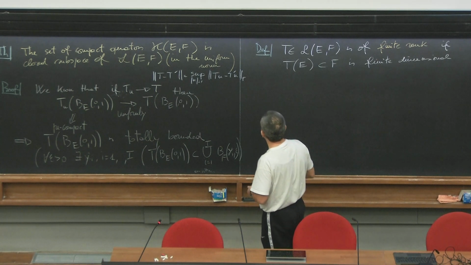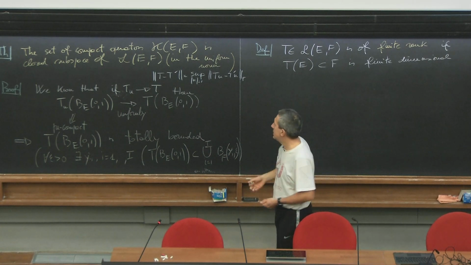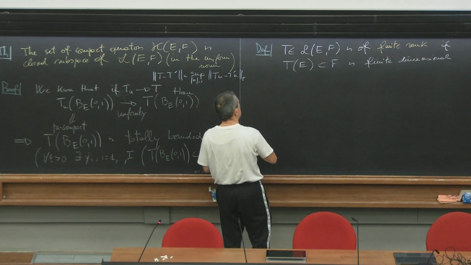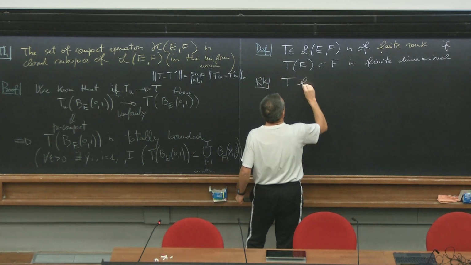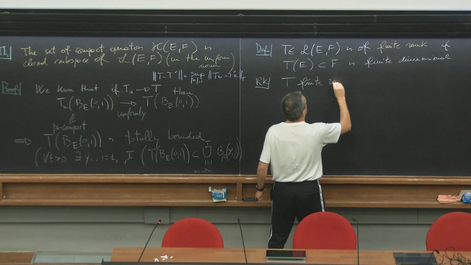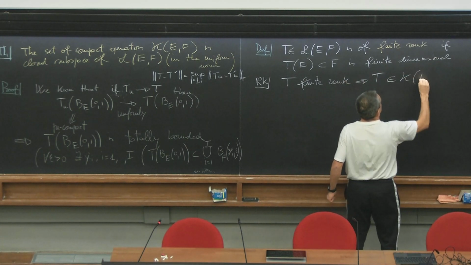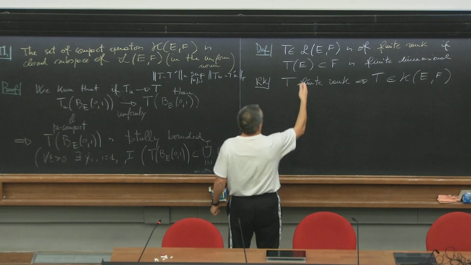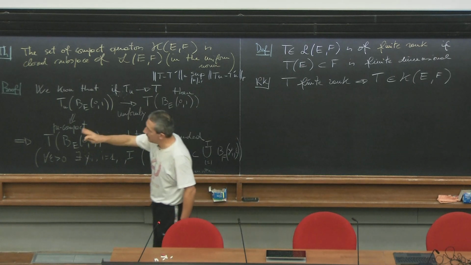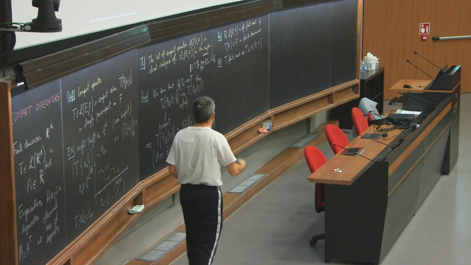So, a remark: if T is finite rank, then T is compact. T is bounded, and then I just come back to the finite dimensional case where balls are compact, so it is a locally compact space.